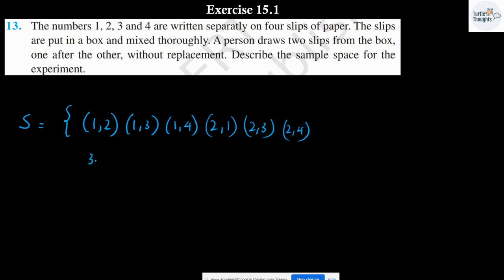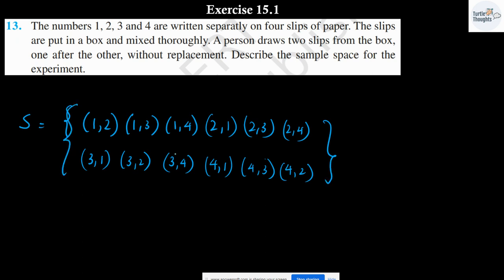Similarly, 3 on the first try and then number 1, 3 on the first try then number 2, 3 on the first try and second try 4. Or 4 on the first try and 1 on the second try, 4 and 3, 4 and 2.